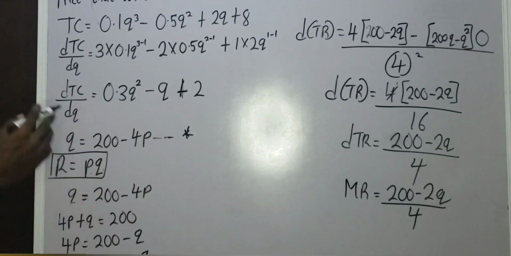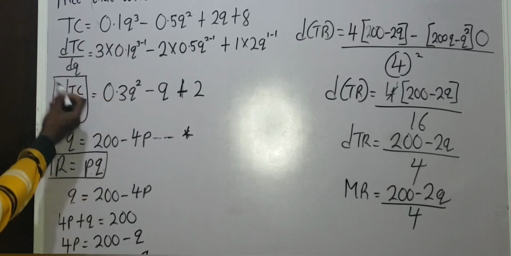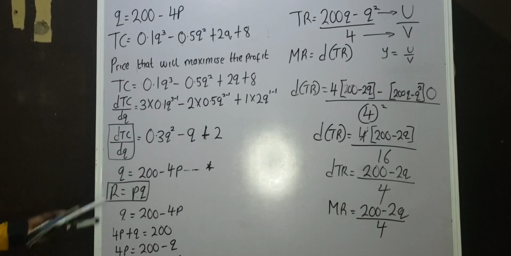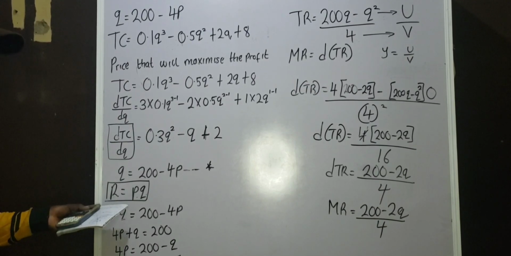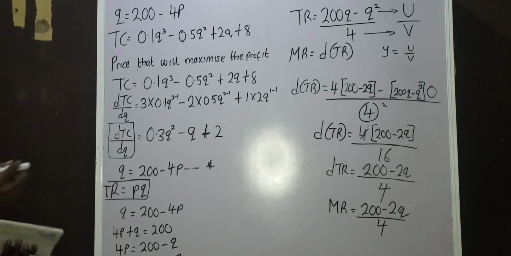Don't forget that the first step is that I first determine my marginal cost. The marginal cost is the derivative of the total cost, and this is the marginal cost. Now, after getting the marginal cost, I calculate the total revenue.